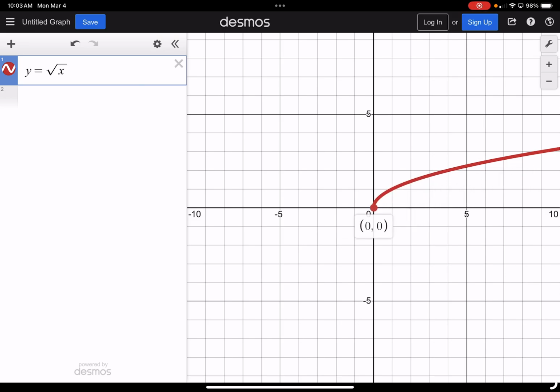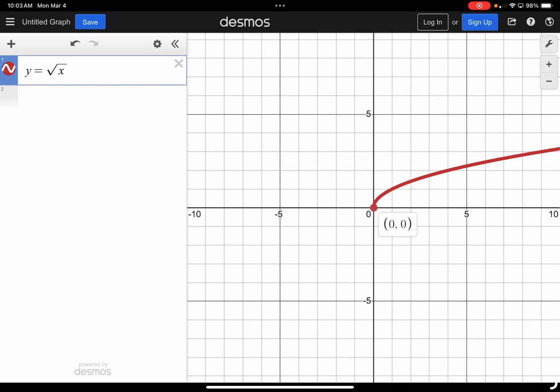We see here, as we go to the left with our tracer, that the lowest x value we get is 0. So where does my domain start? 0. And it goes all the way to positive infinity, doesn't it? Everybody good with that? What is the lowest y value I get? 0. And then they all increase from there to positive infinity. So my range starts at 0 and goes to positive infinity.